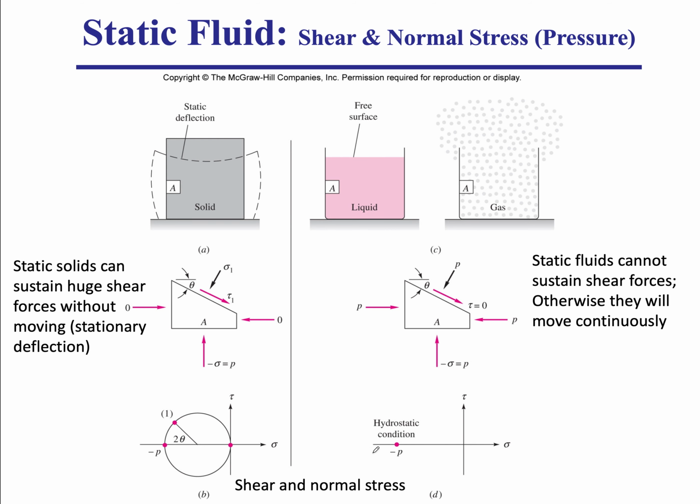So we're only working on this normal stress axis. The shear stress component of any fluid element force is zero, no shear stress. So the only force becomes the normal stress, which we call the pressure.